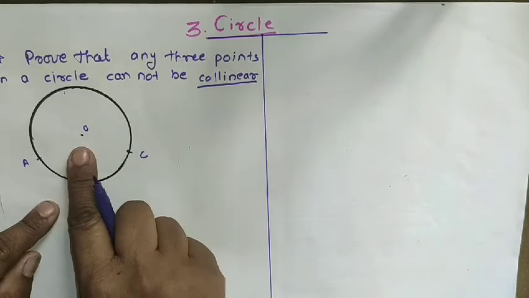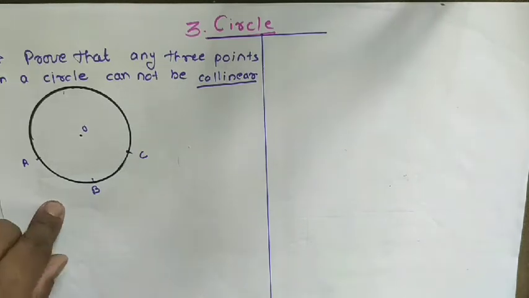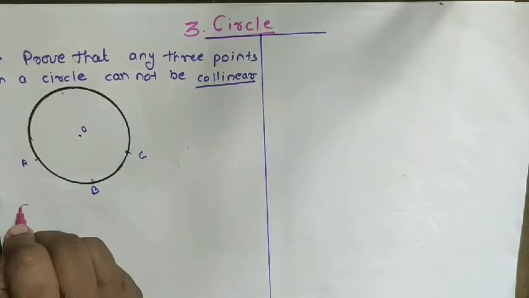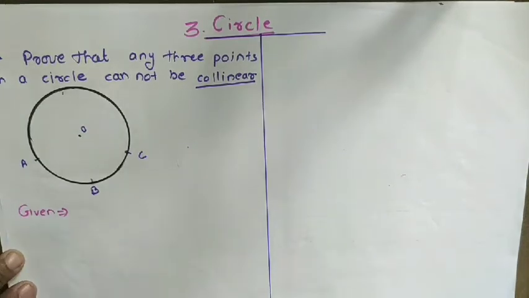So this is the center of the circle. First of all, I will write the given. What is the given?